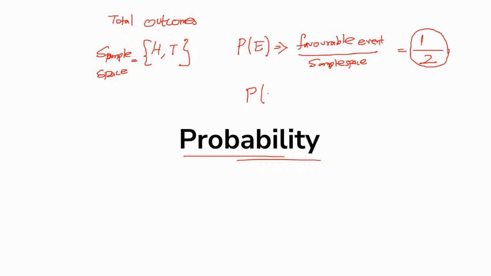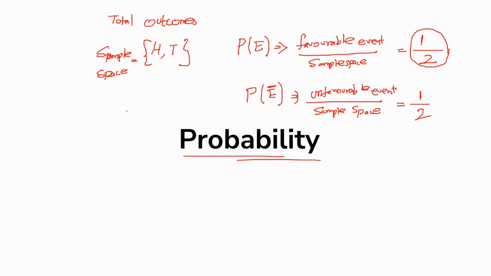P of E bar represents the unfavorable event, and that is given by the unfavorable event out of the sample space value. So I ask for a head, and if I get a tail, that is called the unfavorable event. So the chance is one out of the two possible chances.